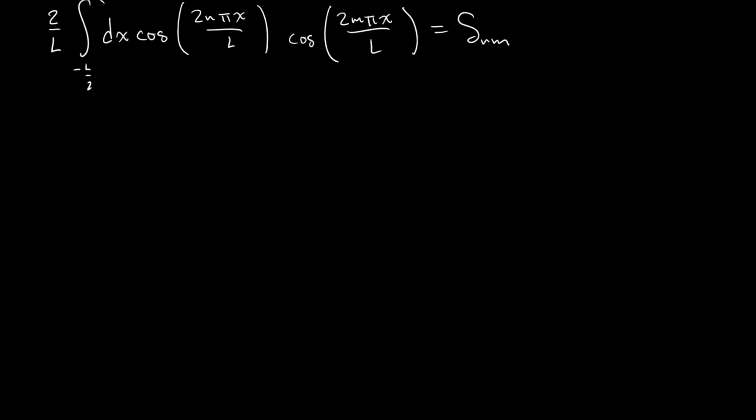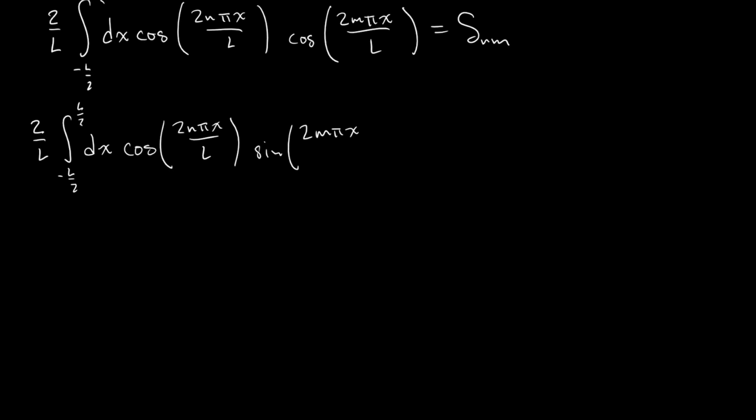So, of course, we could do this in the exact same way, where we expand out the integral using trig identities, do the integral, take limits, whatever. But there's actually a nicer way of doing this, and it's a good shortcut to use whenever you can. So if I have cosine of 2n pi x over L, sine of 2m pi x over L, I can split this integral up into two different pieces.